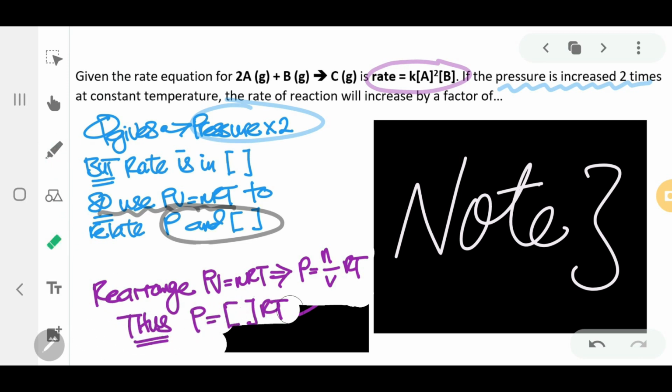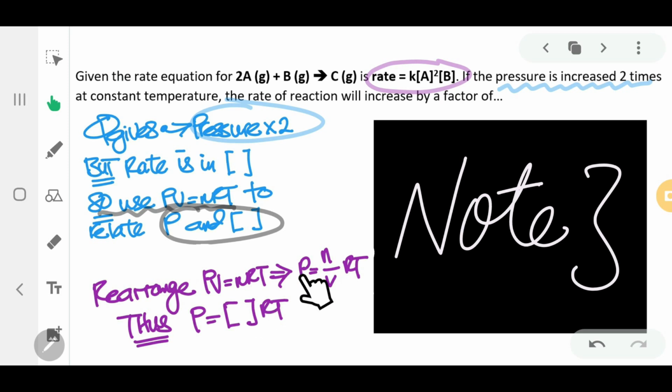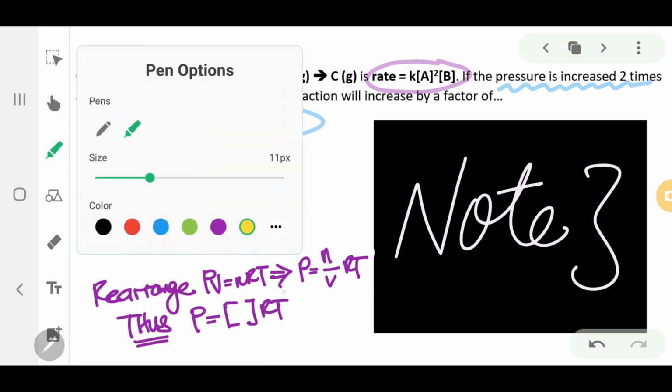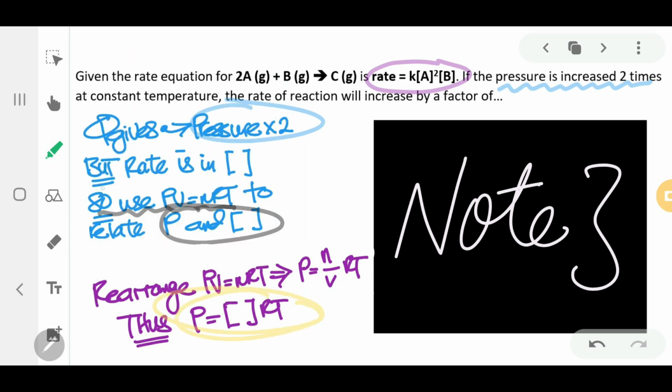So thus, it will be in terms of concentration. n over V, mole over volume, is concentration. When you look at what's going on right there, we can say that pressure is directly proportional to the concentration.